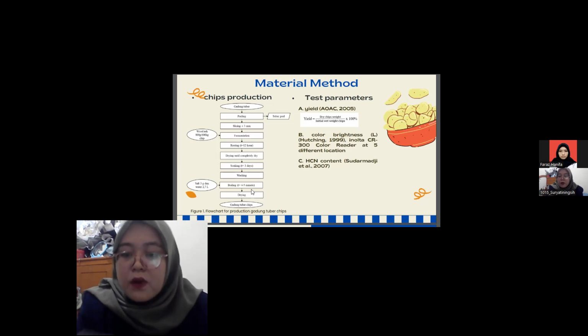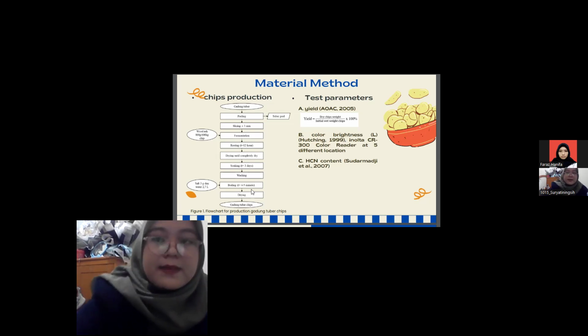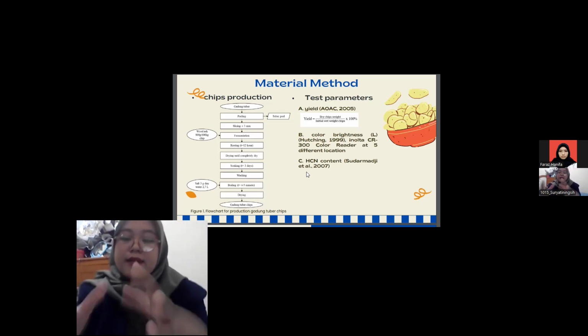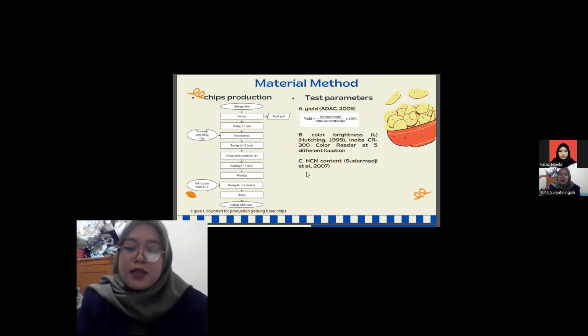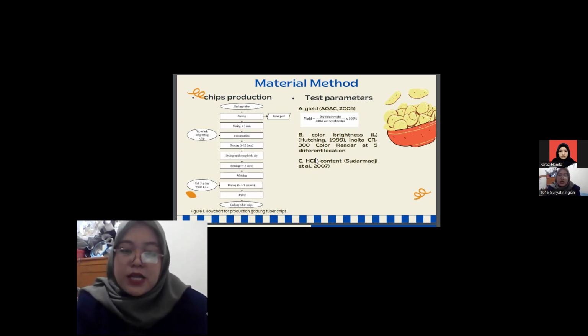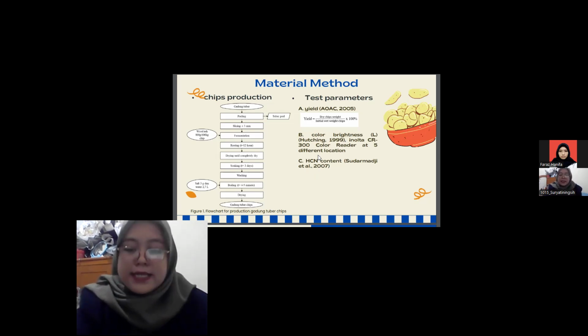After being boiled, the chips are dried until they turn into crispy chips. Then, testing the chemical characteristics of gadung chips refers to supporting journal research and AOAC.